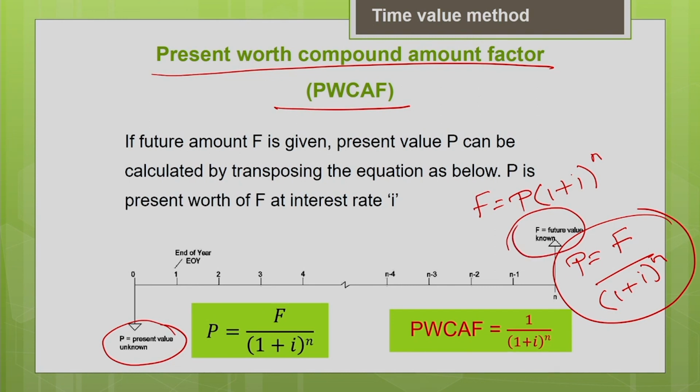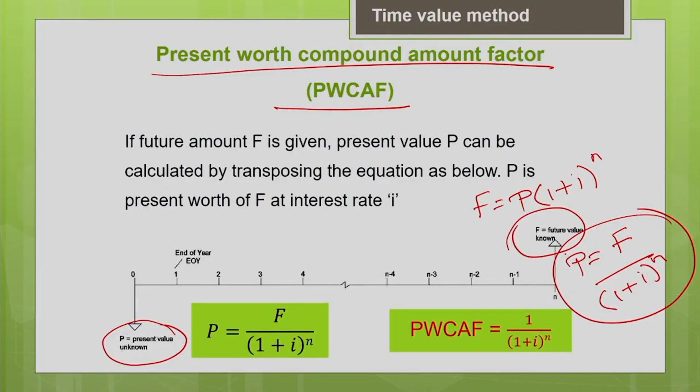Say for example, if I want 10 lakhs after 8 years at the compounding interest rate of 8%, how much should I deposit now in the bank? How much amount should I deposit now in the bank so that it will grow to 10 lakhs at the end of 8 years at the rate of interest of 8%? So I can calculate using this formula.